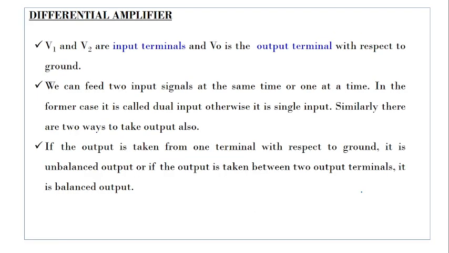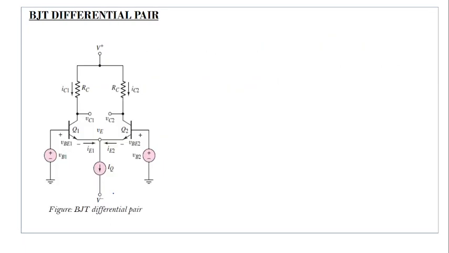As I told already, we can feed both inputs at the same time or one at a time. In the first case, this is called dual input, whereas the second case is a single input. If the output is taken from one terminal, then it is called unbalanced output. If we take the output from the terminals of two transistors, then that is called balanced output.